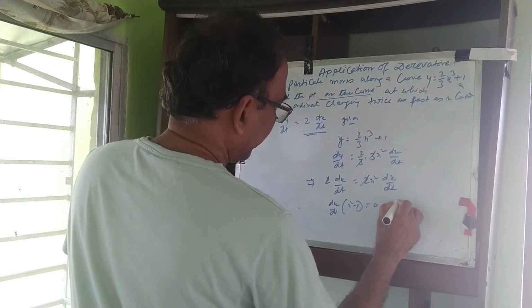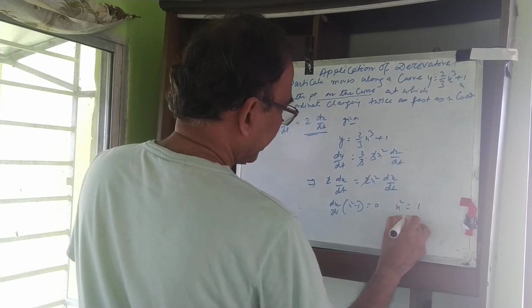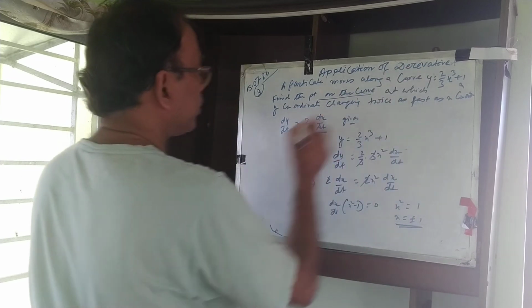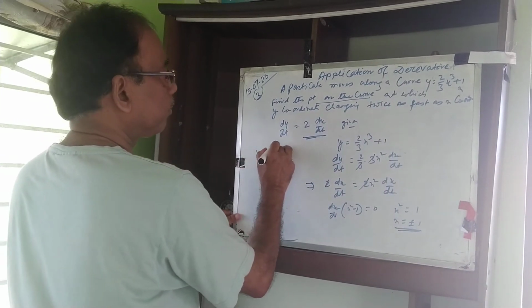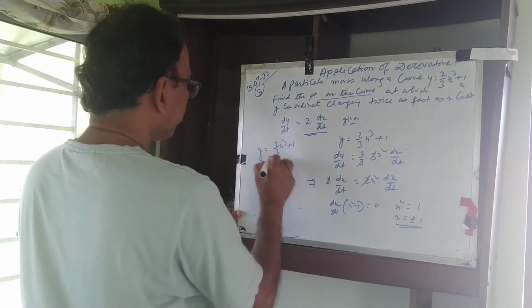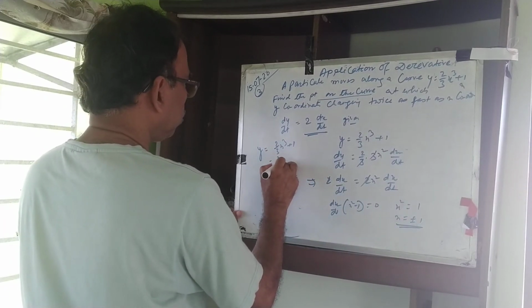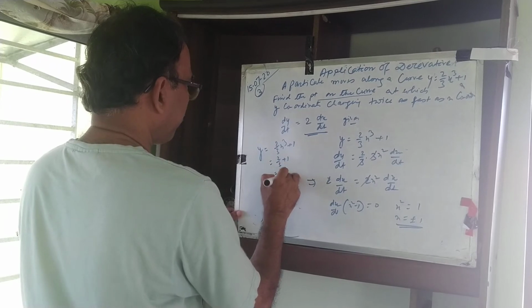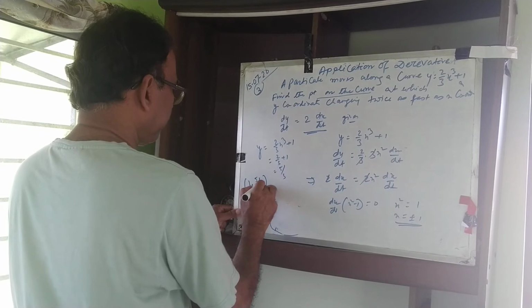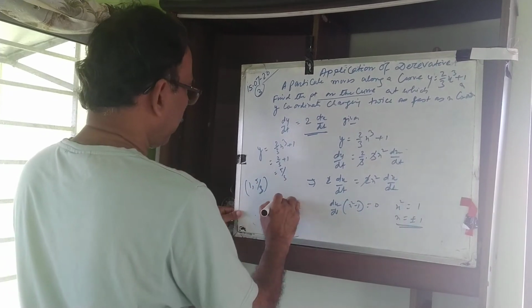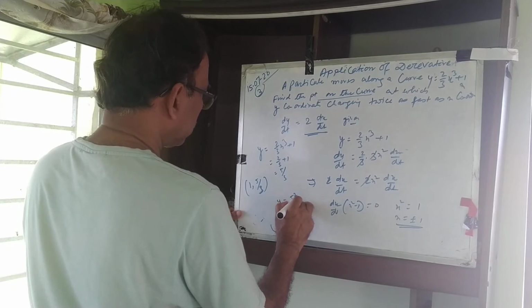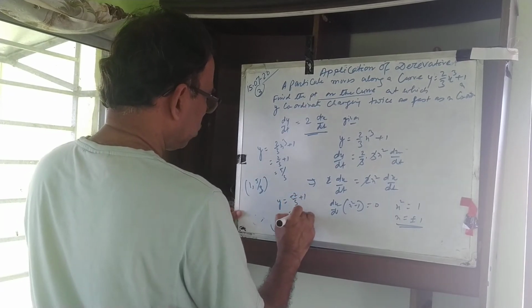That is x² equals 1, x equals plus or minus 1. Putting x as 1 into y equals 2/3 x³ plus 1, we get y equals 2/3 plus 1, that is 5/3. When x is minus 1, y equals minus 2/3 plus 1, that is 1/3.